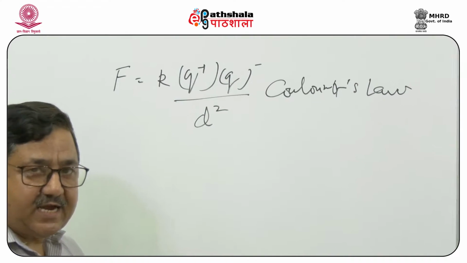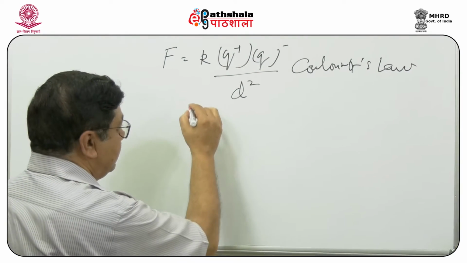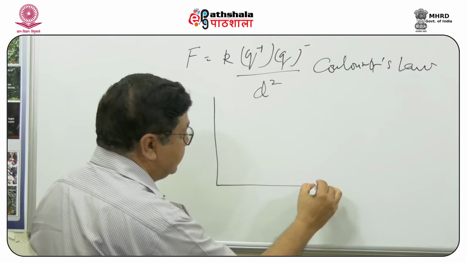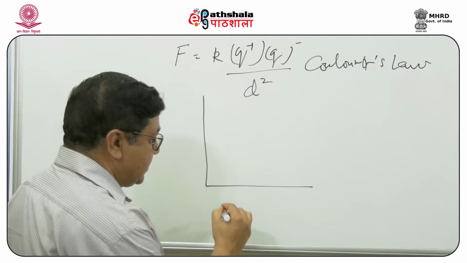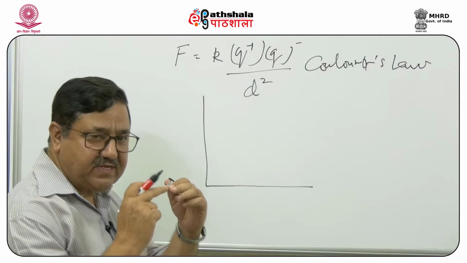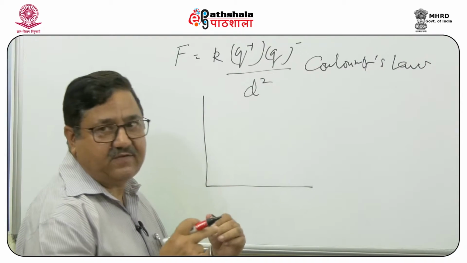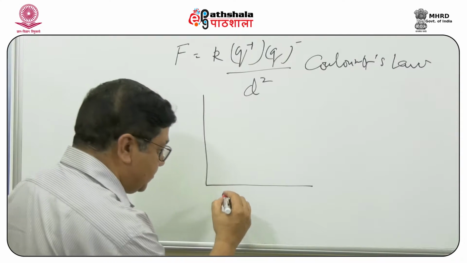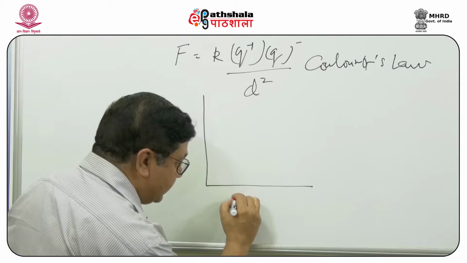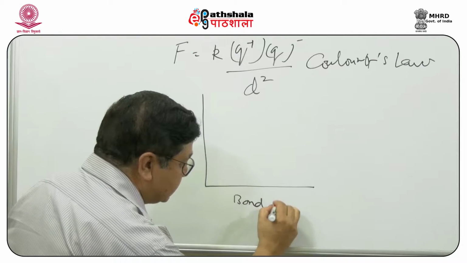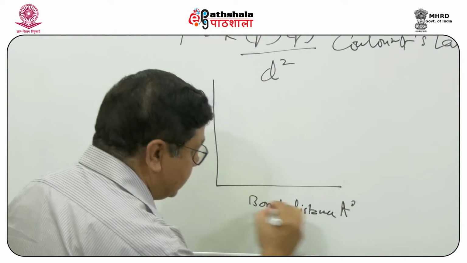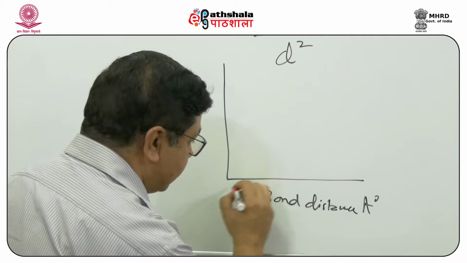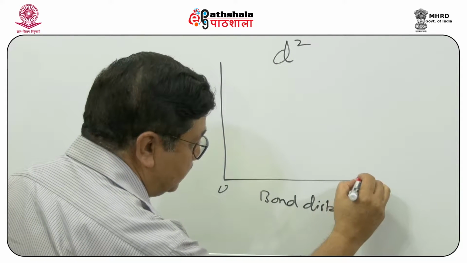But as I said, a graphic illustration of this we see in this diagram. This diagram has the horizontal axis as the distance between the center of the positive and the negative charges. So this is basically the bond distance expressed in angstrom unit, and it's about 0 to 4 angstrom.